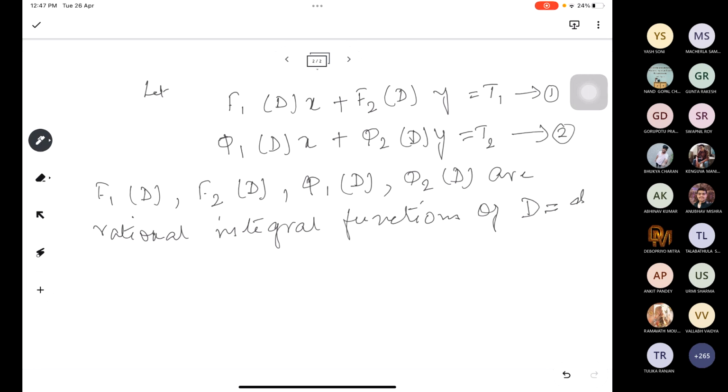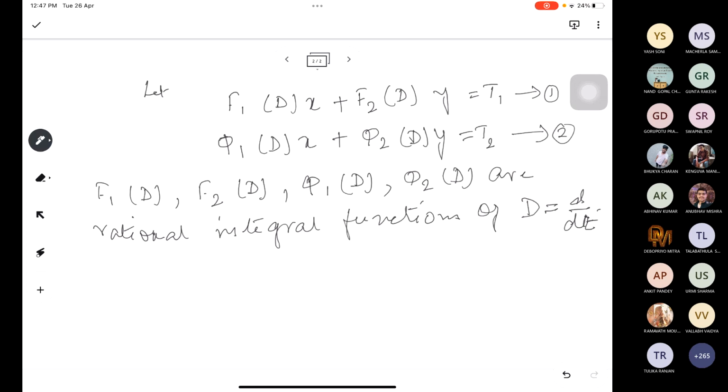D is the operator given by d by dt. So we have two equations, given by 1 and 2.